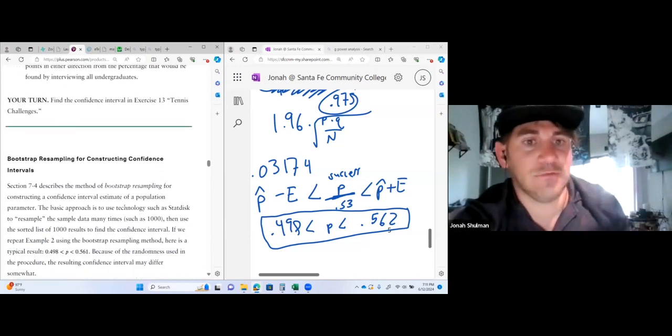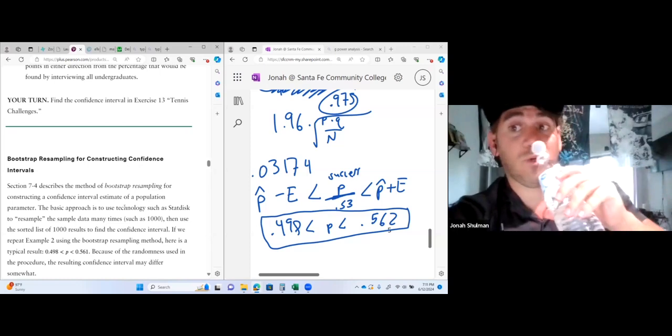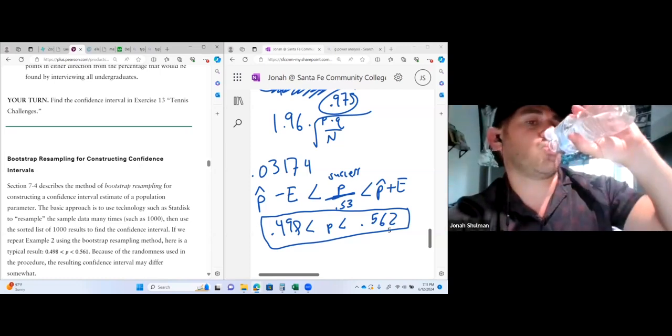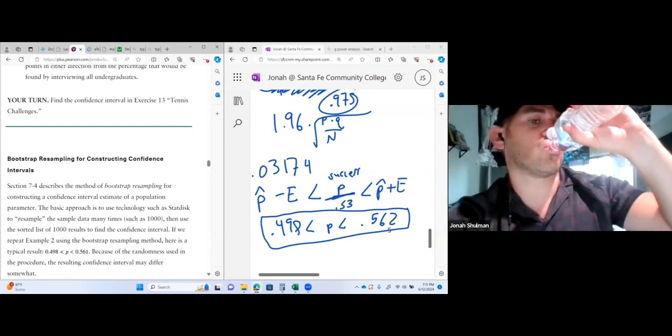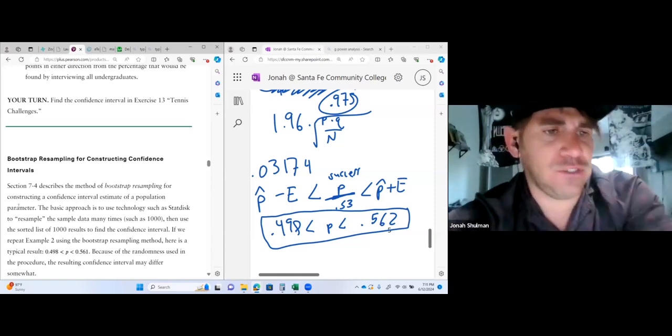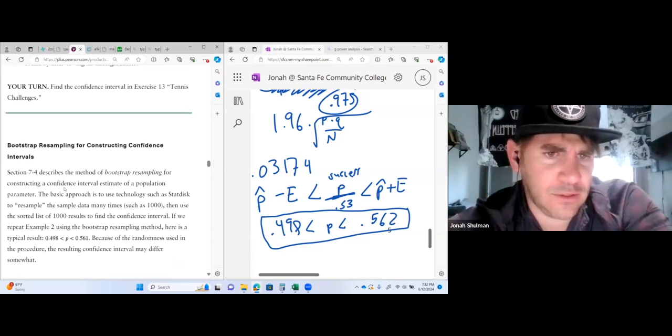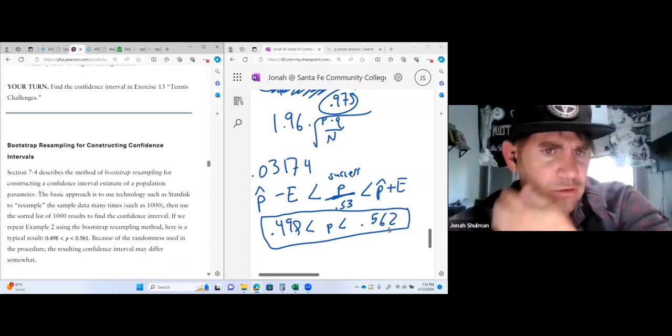All right, so this is if it doesn't work. There will be times, especially when working with errors, when things don't work. Section 7-4, which we'll get to, I'm assuming. Constructing confidence intervals for the population parameter.